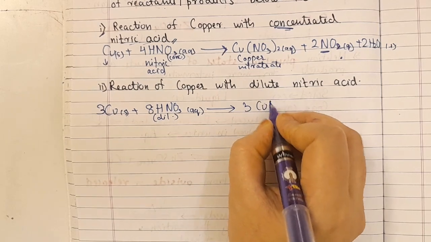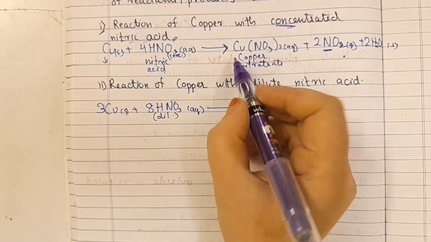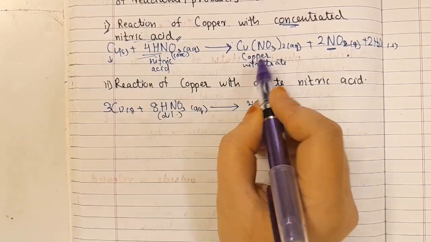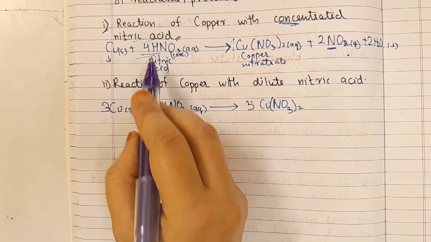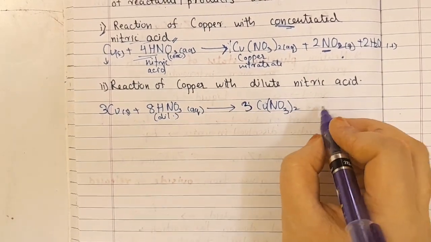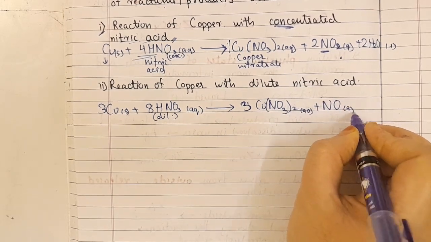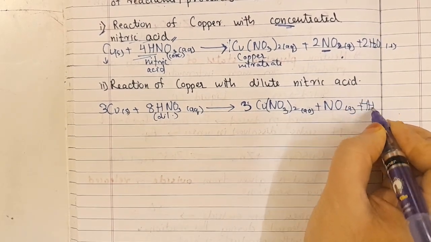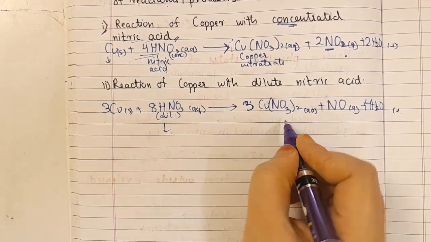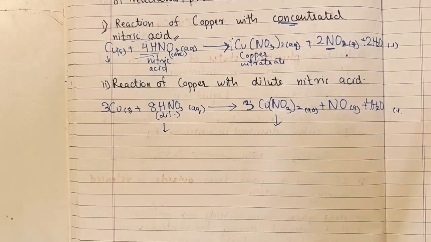Again it forms copper nitrate, but you can see the ratio: in concentrated nitric acid 1 molecule is formed, and in dilute nitric acid 3 molecules of copper nitrate are formed, in aqueous form, plus nitrous oxide in gaseous form plus 4 H2O molecules in liquid form. I hope you can write the names of the reactants and products here also. So, that is all for today.